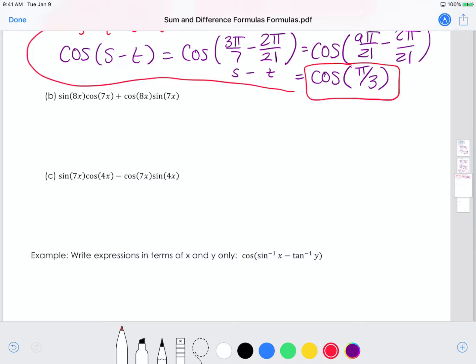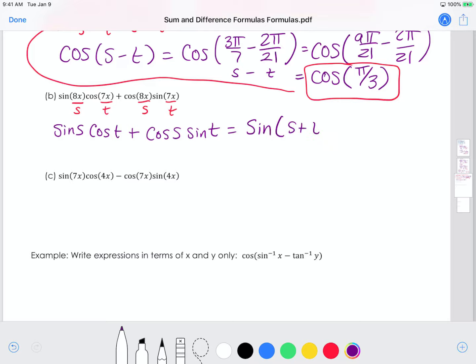Okay, now we're going to do the same thing with example B. I'm going to identify 8x as S and 7x as angle T. So I'm looking for sine S, cosine T, plus cosine S, sine T. And if I look back up in the shaded blue box where we have all of our formulas, that would be the formula for sine of S plus T. And if I write that as sine, S is 8x, T is 7x, so I can rewrite that as sine of 15x.